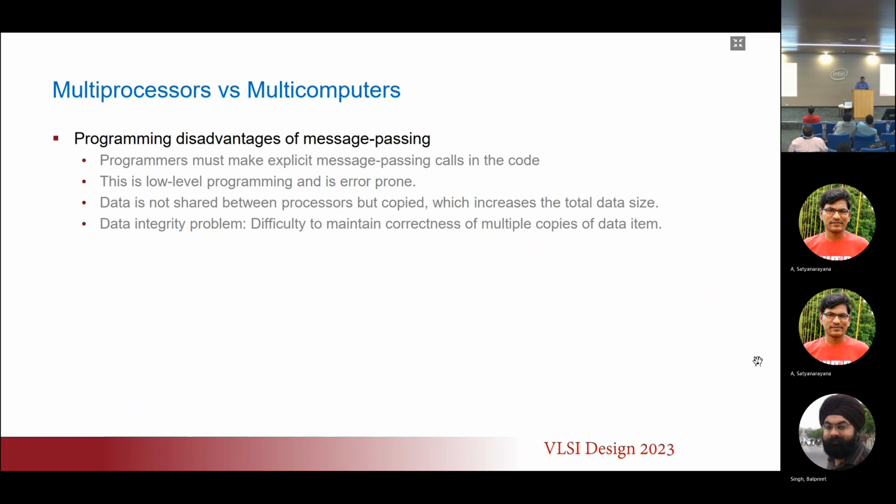So multiprocessor versus multi-computer, just to recap: when the CPUs are sharing the same memory, it's called a multiprocessor. And when they are sitting in different machines, it's called a multi-computer. Programmers must make explicit message passing calls in the code, and this is low-level programming.